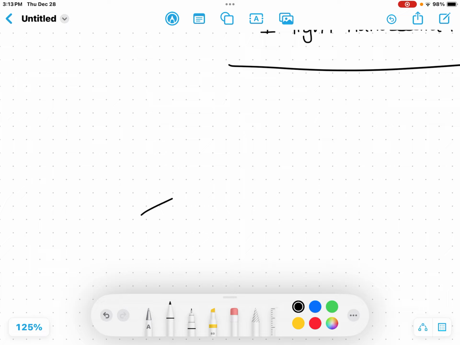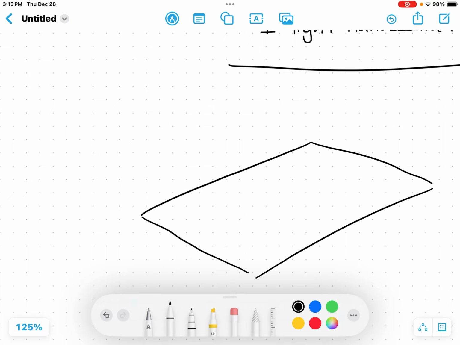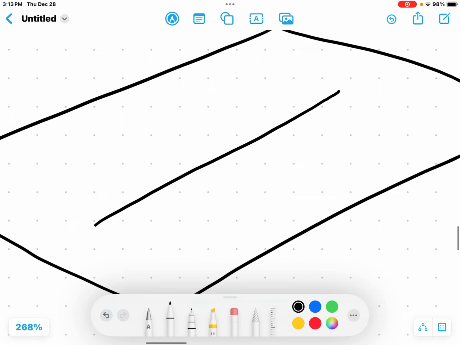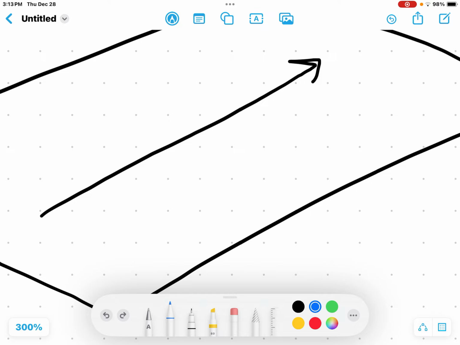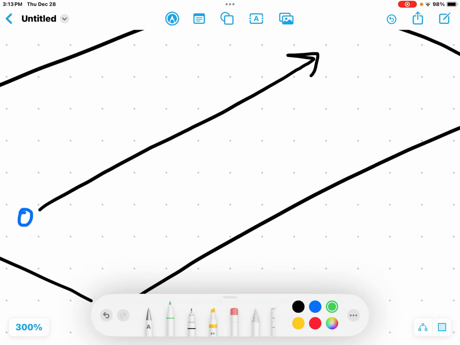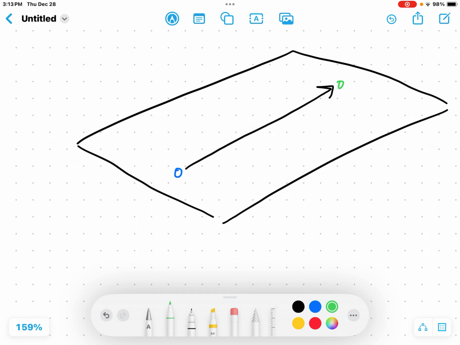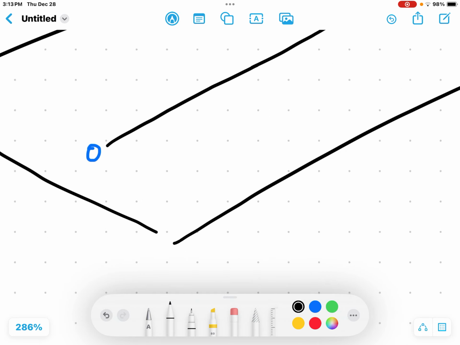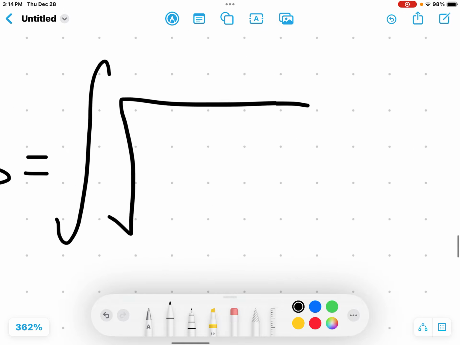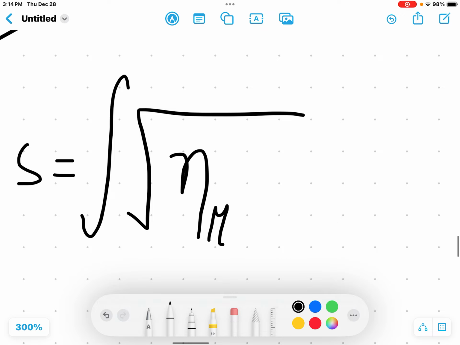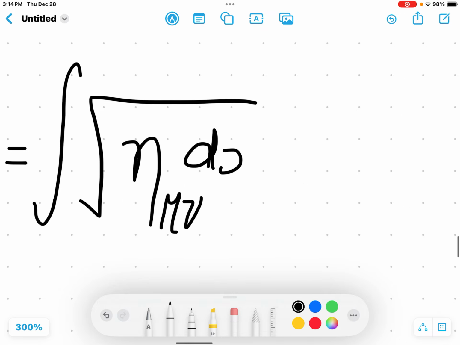As opposed to, let's say this is space-time, a sheet of paper, I will travel on a trajectory across it from some point A to another point B, right? And it's going to take me some proper time, so some S, which is just the integral of the square root of eta mu nu dx mu dx nu, basically.